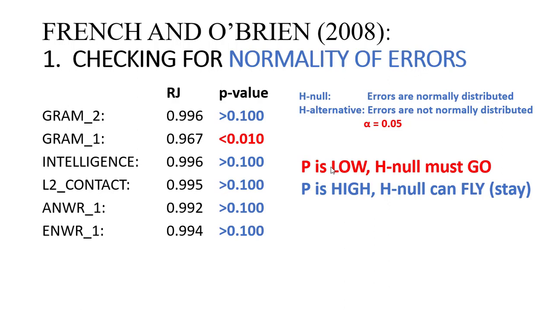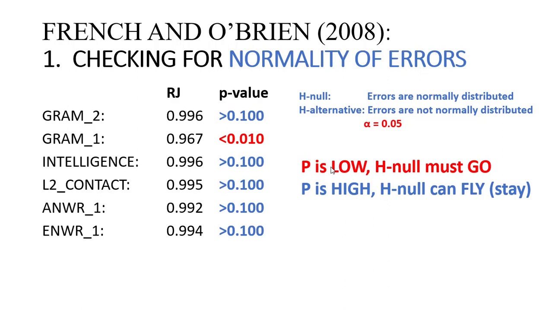Now, if you get one value like this that is not normally distributed, you can still run the analysis, but you have to point that out in your report. Here we're checking French and O'Brien. These are very famous people, and notice that they do have this problem with the set in grammar 1. Okay? So this is when we check for normality of errors.